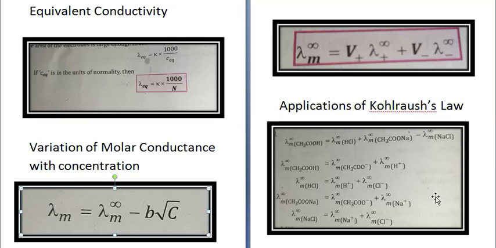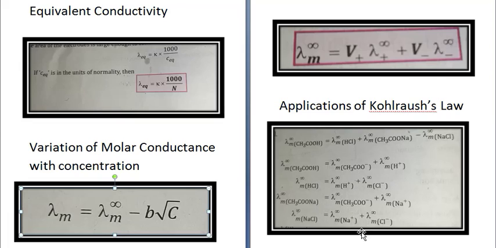Next, from these three equations 1, 2 and 3, you add 1 and 2, the first two, and subtract the third one. So we will get lambda m infinity of CH3COOH. Add these two and subtract the third one. Alright, 1 and 2 you add and you subtract this one.